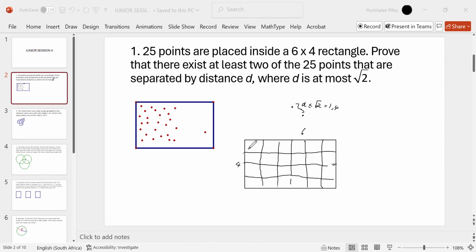Can we make any conclusion from that? 25 points, 24 squares. Is there any conclusion that you can make from that? To find out what conclusion you can make, let's ask a question.